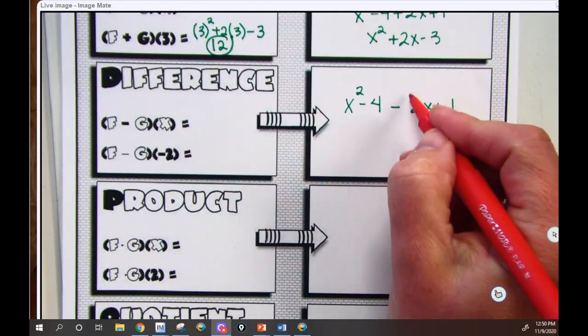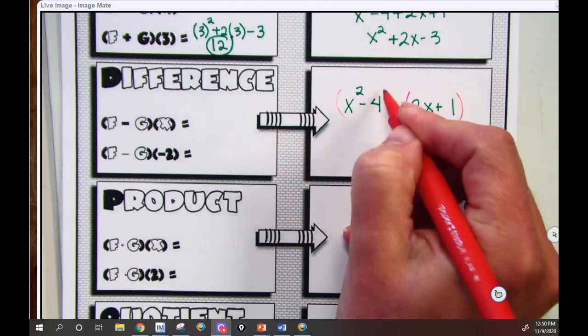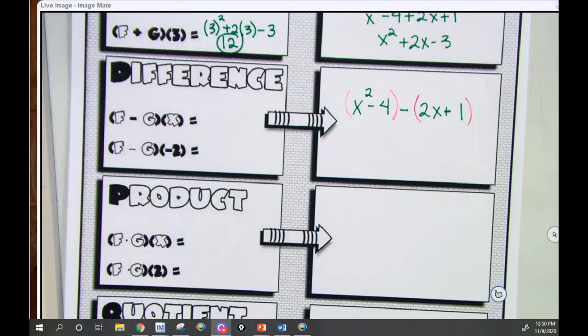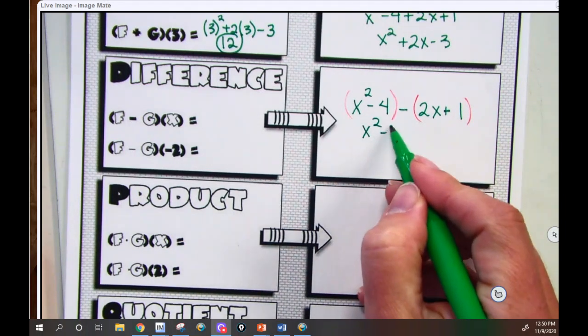So I've got to take away the whole thing, don't I? It's f of x minus the whole function g of x. And what happens there? It changes both signs.